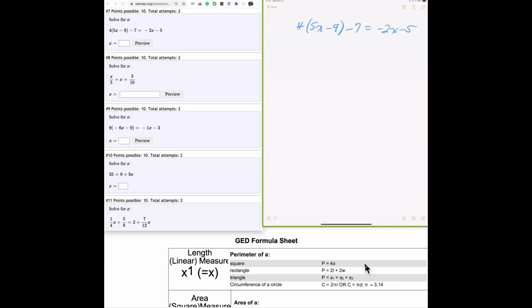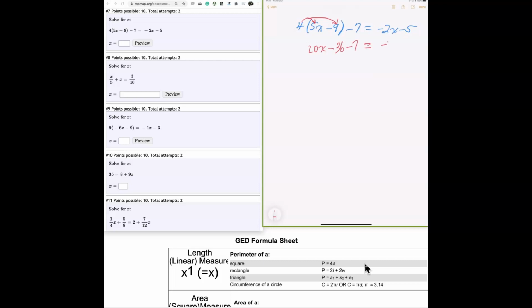We're going to continue with Unit 3 practice test, explained, and this one is number 7 on this copy. And so 4 times 5x minus 9 minus 7 is equal to negative 2x minus 5. So what we're going to do is start by expanding this expression by distributing the 4 over these two elements, and we'll get 20x minus 36 minus 7.